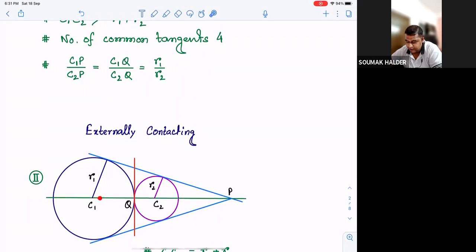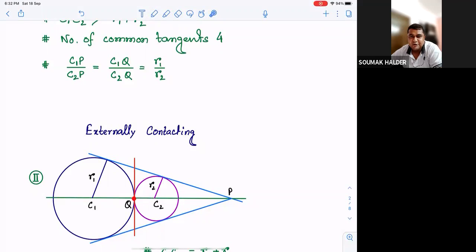So from the diagram we can identify the distance of the centers is this time exactly R1 plus R2, and the contact point Q is itself the point which is dividing C1 C2 in the ratio R1 is to R2. And over here, not just the ratio, you can even confirm that C1Q is itself R1 and C2Q is itself R2.